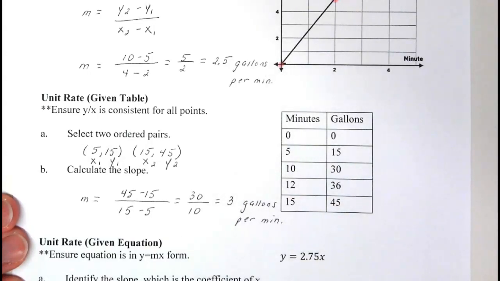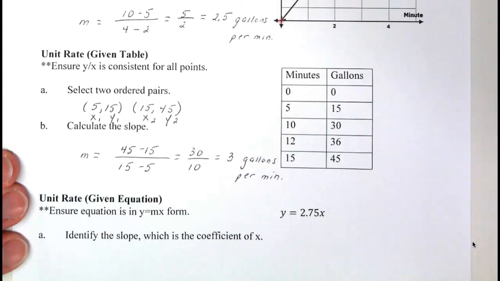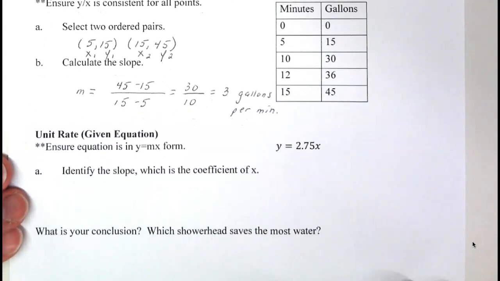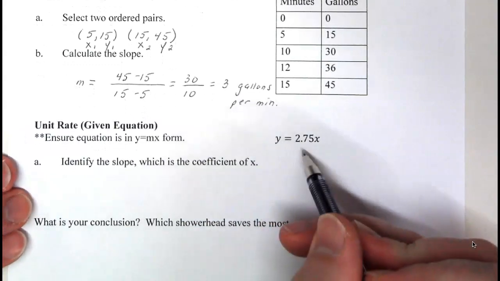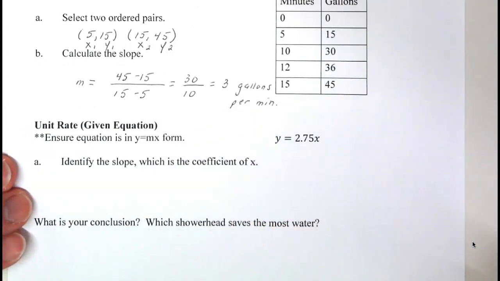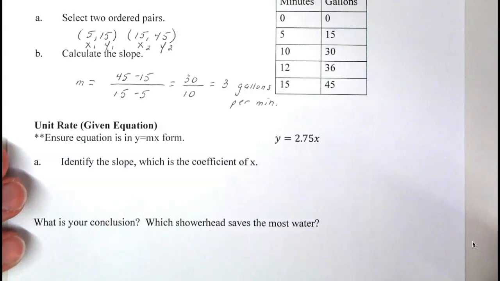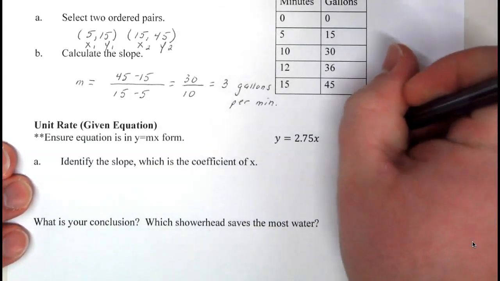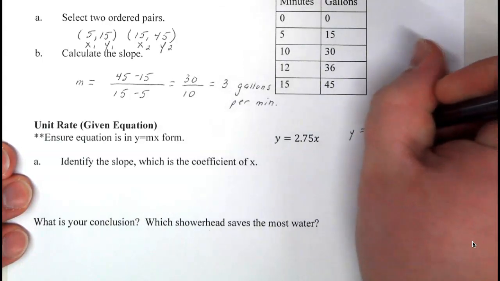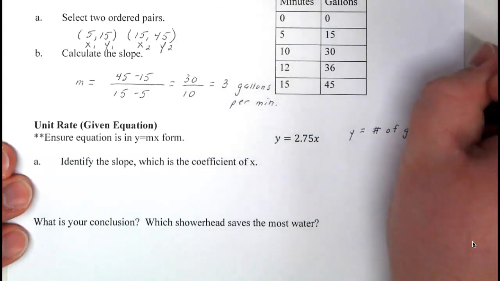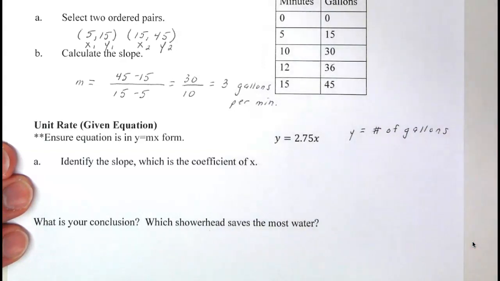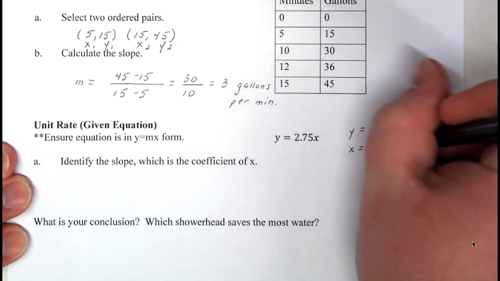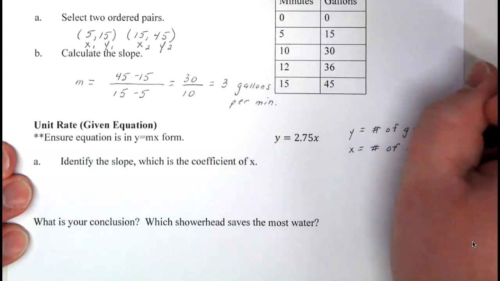All right, let's take a look now at the last unit rate. And this time, we're given an equation. This equation says y equals 2.75x. And what I forgot to put down here is that y is the number of gallons, and x is the number of minutes.